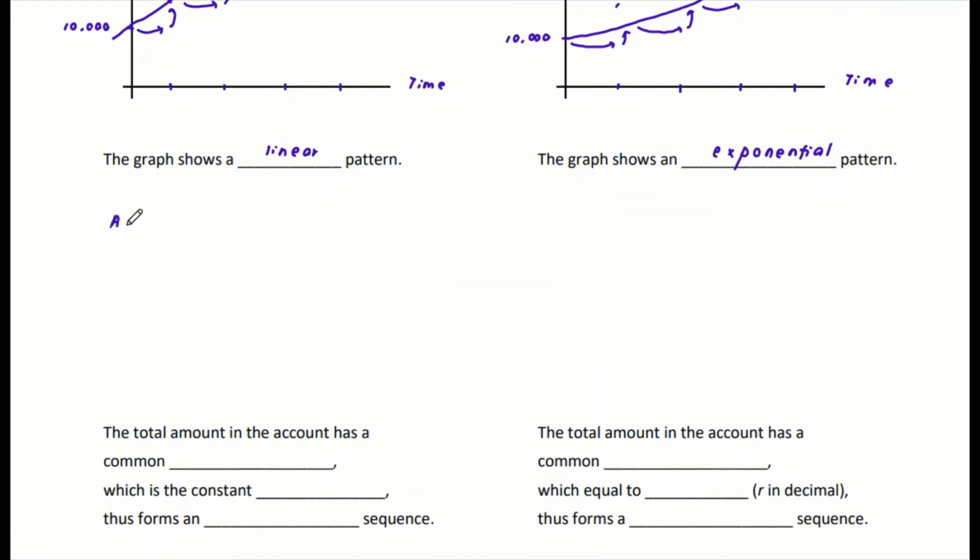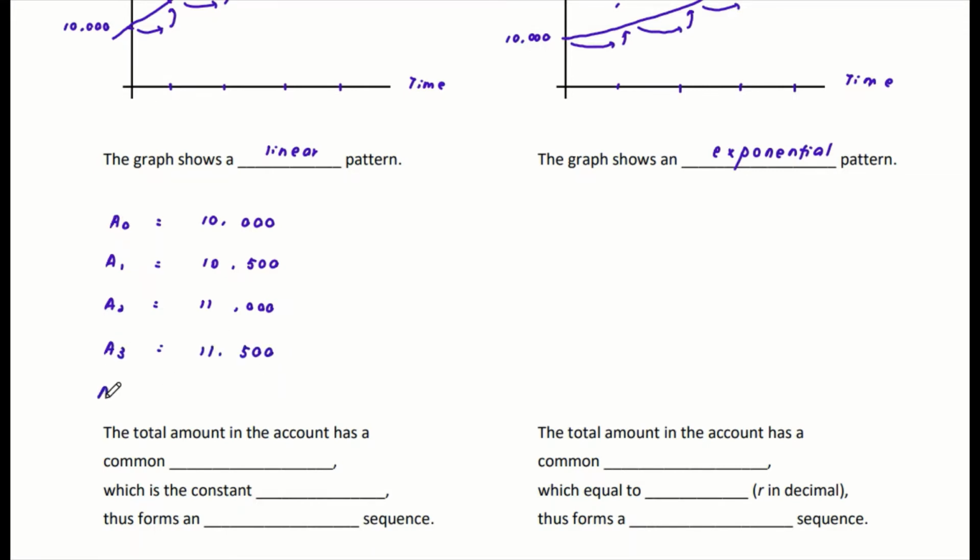Okay, in the account, at the end of year 0, you have 10,000. Then after that, A1, at the end of the first year, you have 10,500. I'm just copying down the total amount of money here. So 11,000, A3, then you have 11,500.